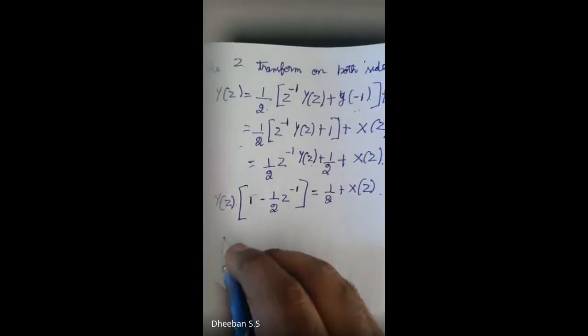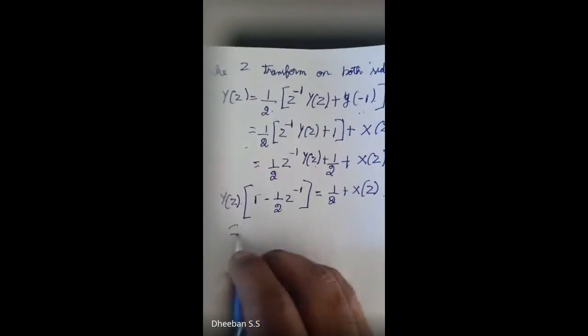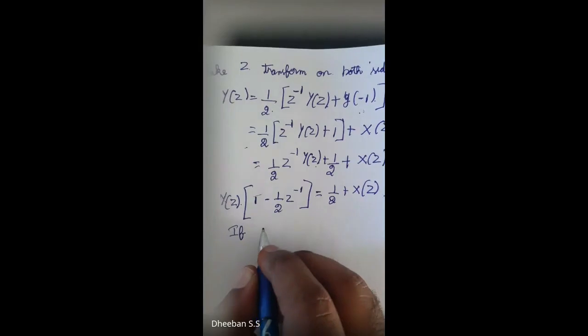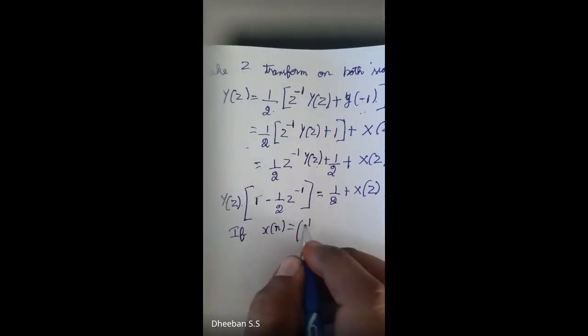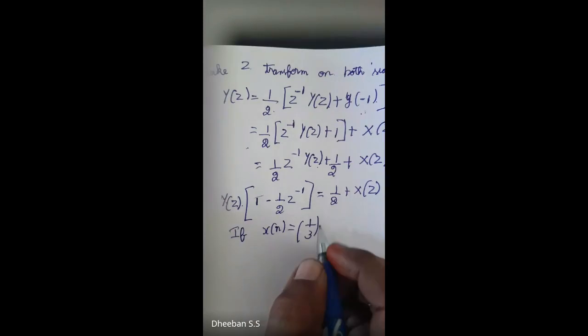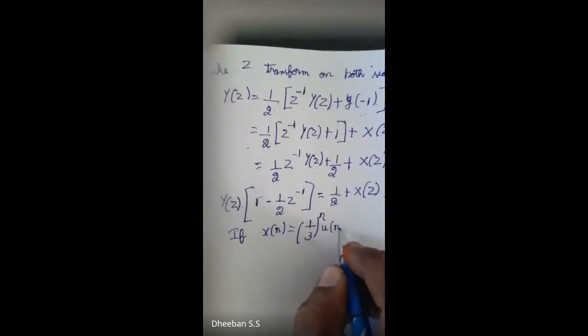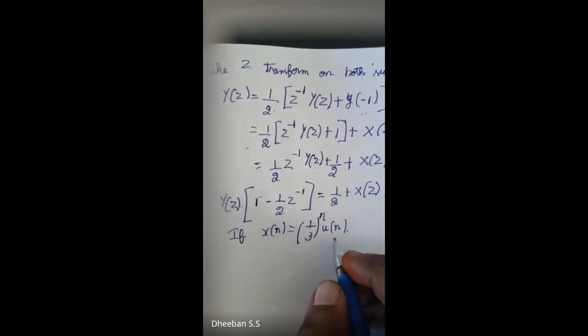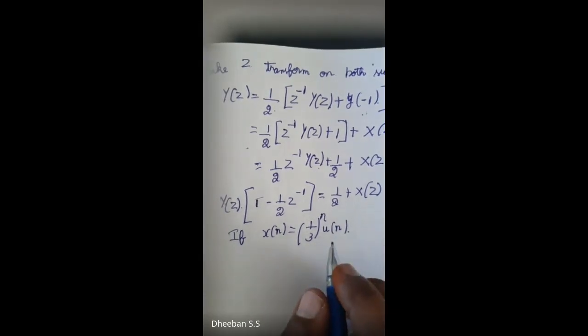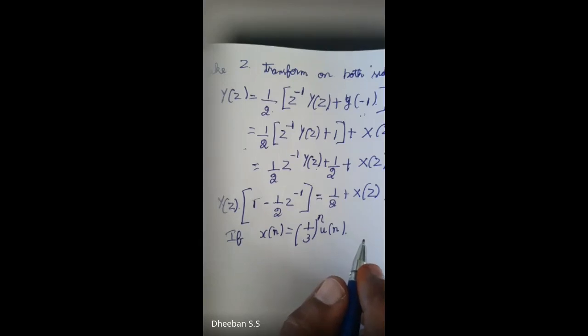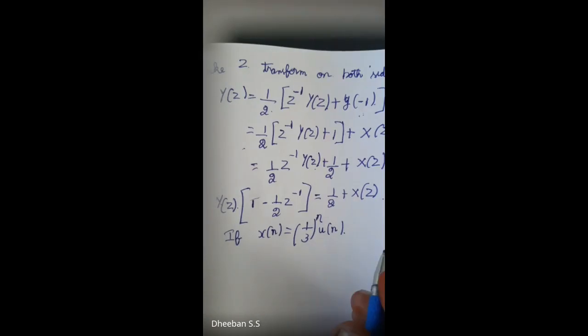Then again, the x of n signal you have to take. x of n is equal to, they have given, 1 by 3 the whole power n into u of n, okay.